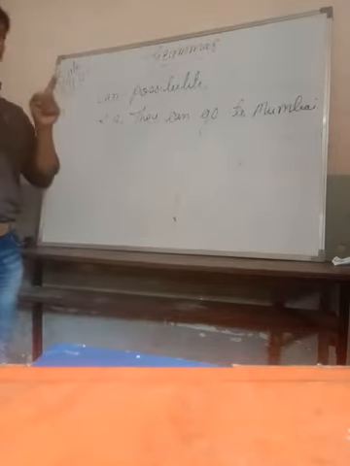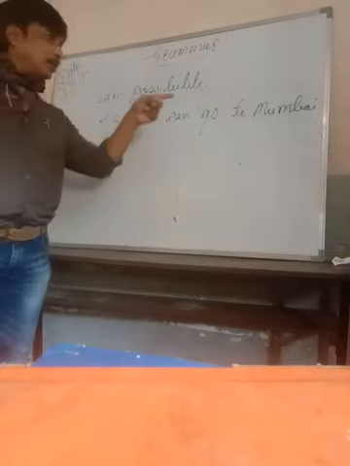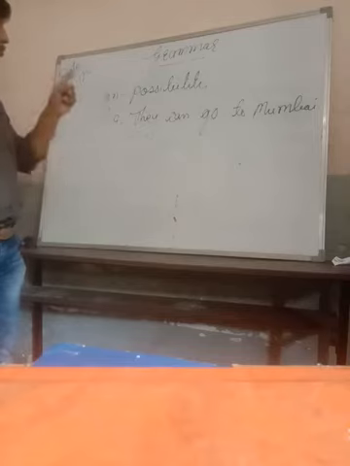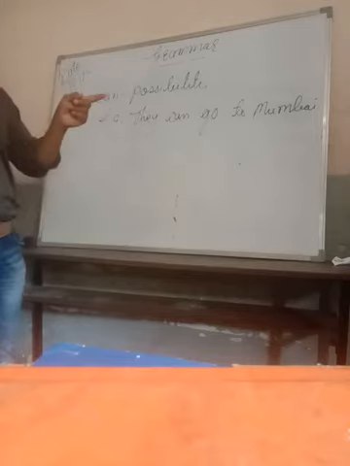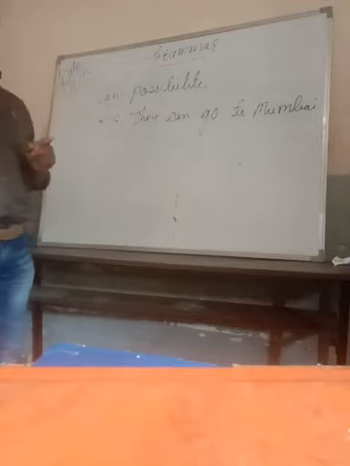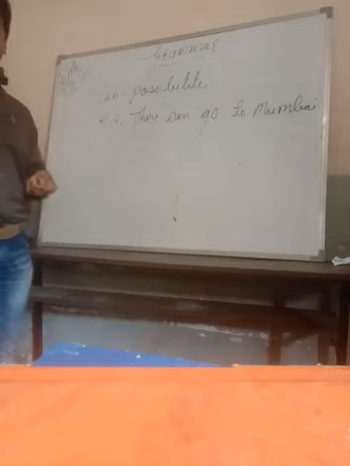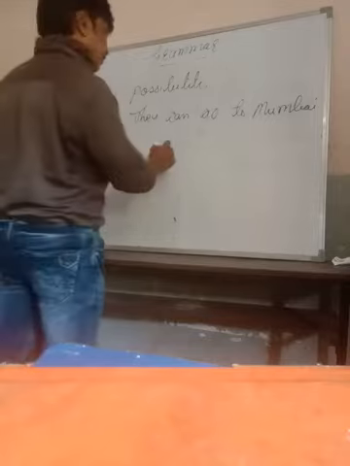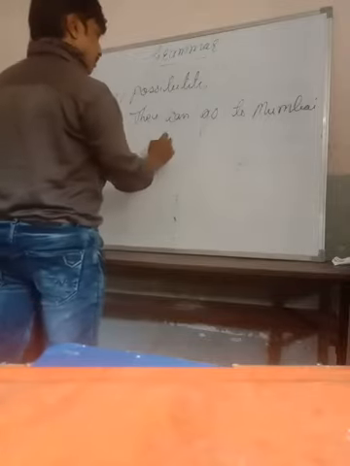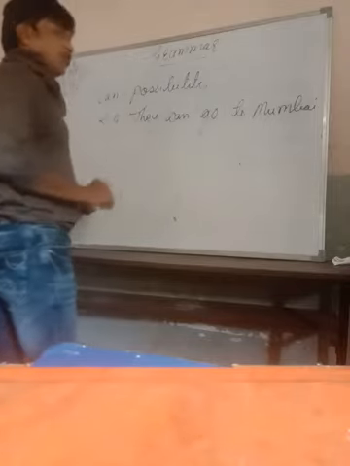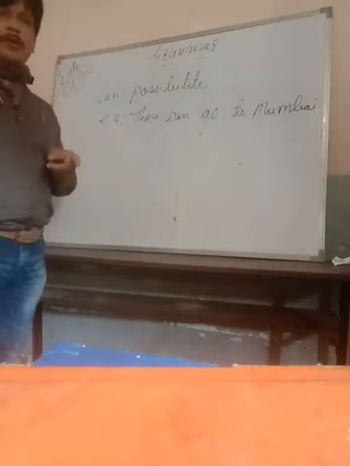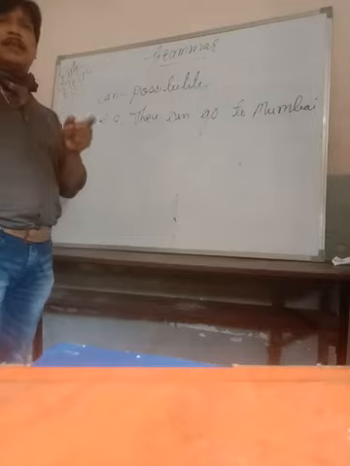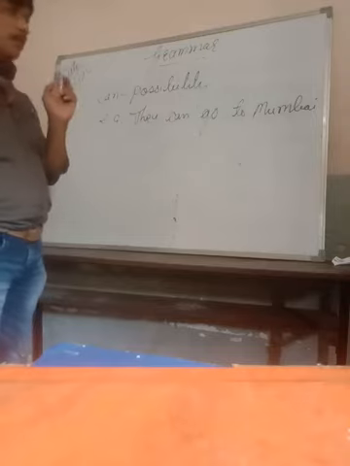Now look here. In this sentence, can is also used with the main verb go. So it shows the possibility for they. What can they do? They can go to Mumbai. It means it's a possibility, whether they are going or not, not certain. So we can translate it as: it is possible that they go to Mumbai.